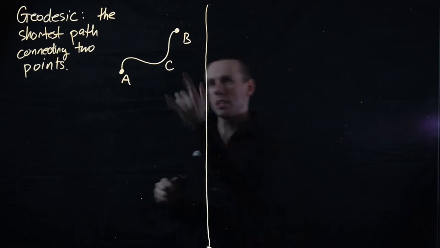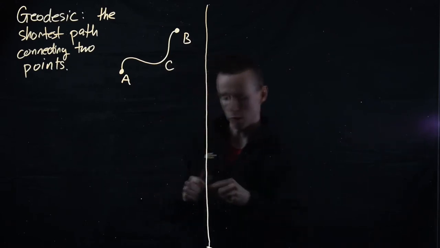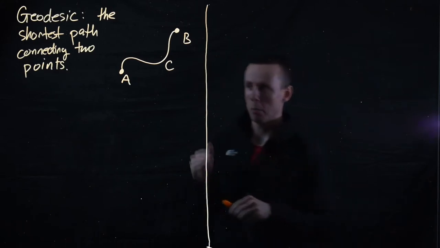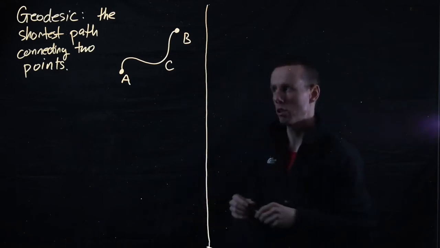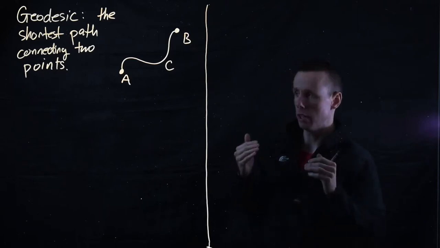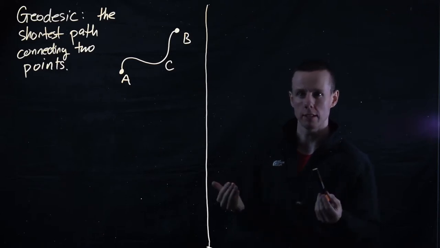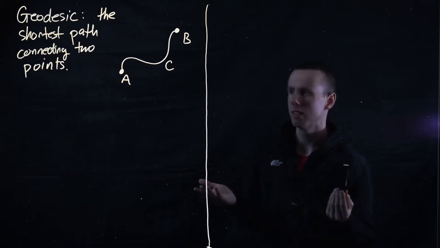So, in this example, where here is point A and point B, my curve C is clearly not a geodesic. Because, as I expect you're thinking at the moment, surely the shortest path between 2 points is just a straight line. Isn't it?